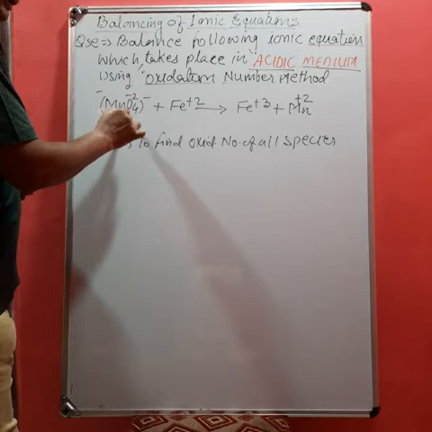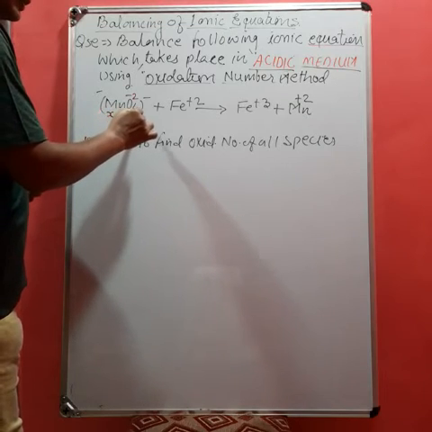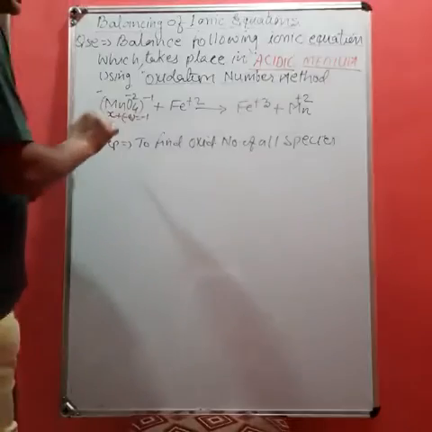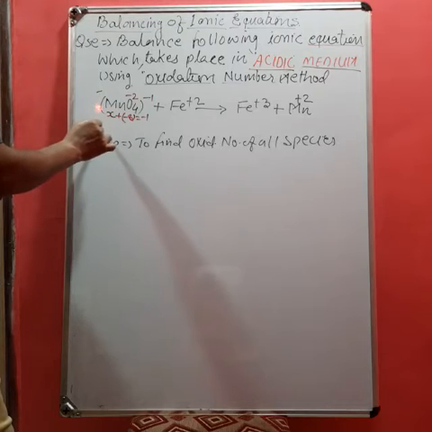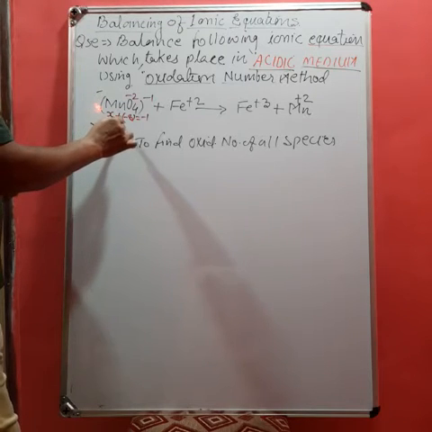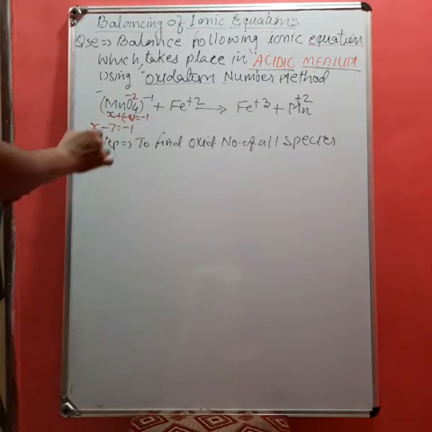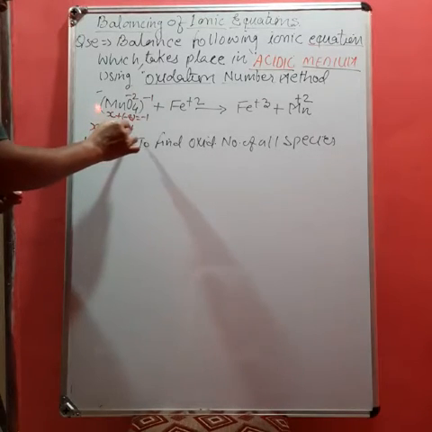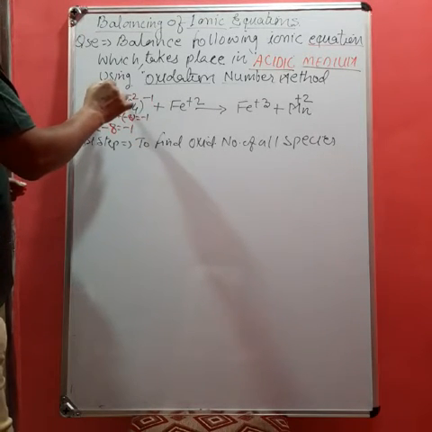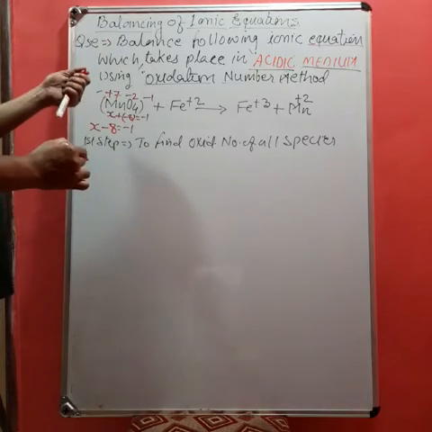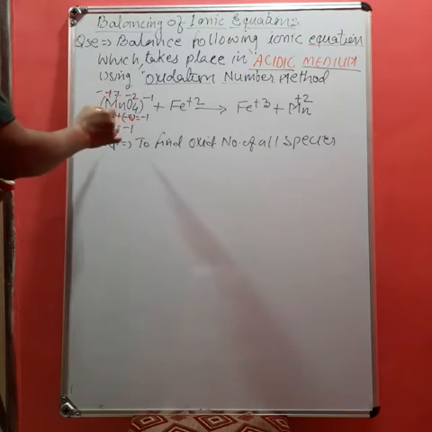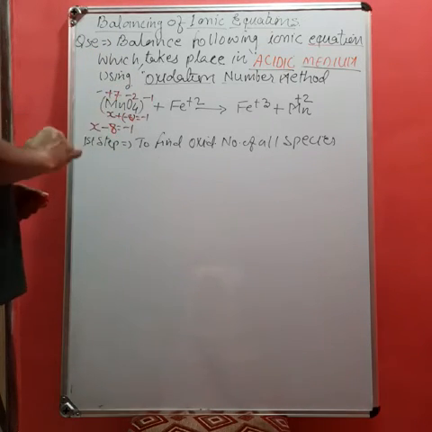So X plus -8 is equal to -1, because the charge is -1. So X is +7. So write +7 above the manganese atom.